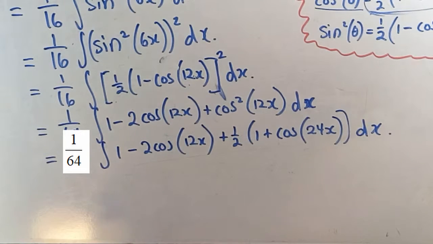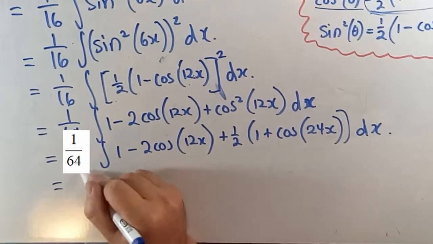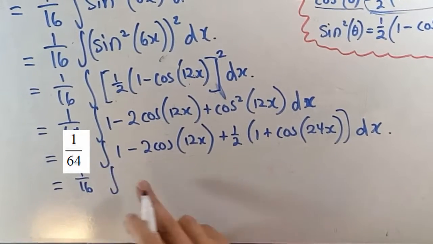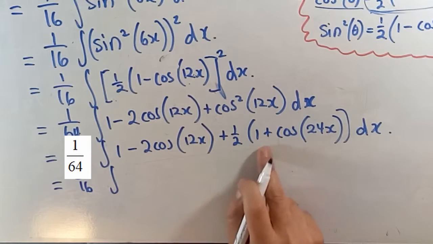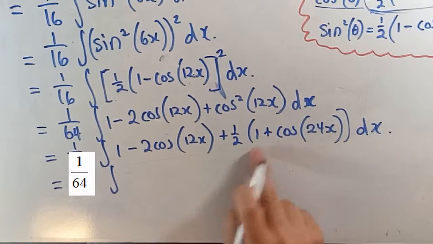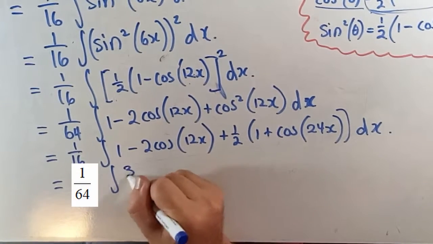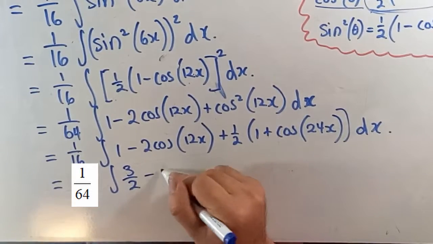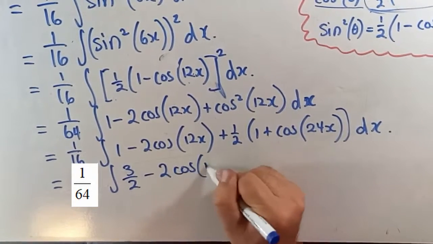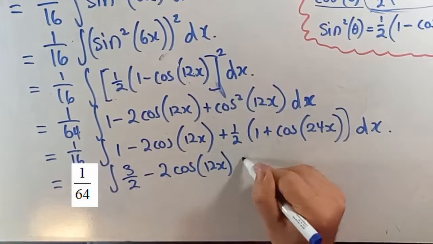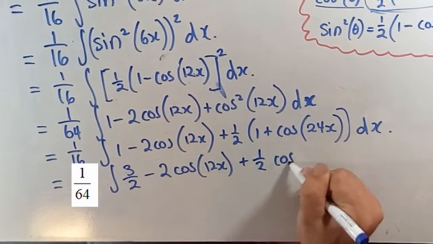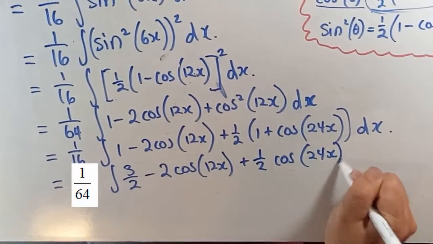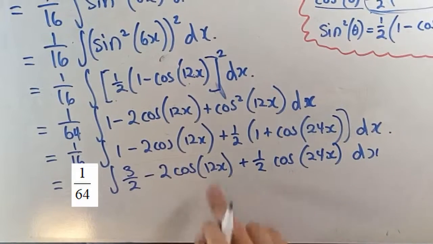Now I think I can do the integration. So I've got 1 on 16. I'll just tidy up a little bit, but some factors here I can do. I can go 1/2 plus 1. It's 3 on 2. It's hardly worth it. Cos of 12x plus 1/2 of cos of 24x dx. Now they're all back to single powers.